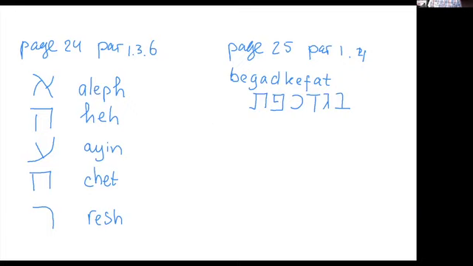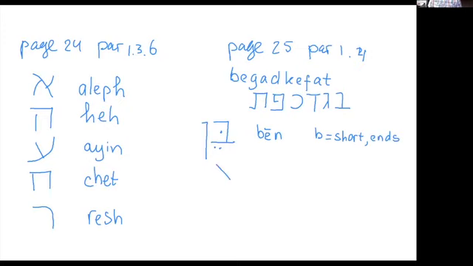Let's take the B, the hard B. It's like in the word ben. And you can see that the B is short. It ends. You can't hold it on.